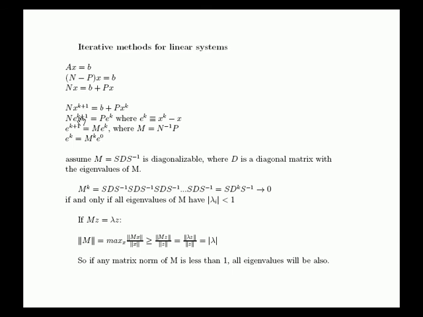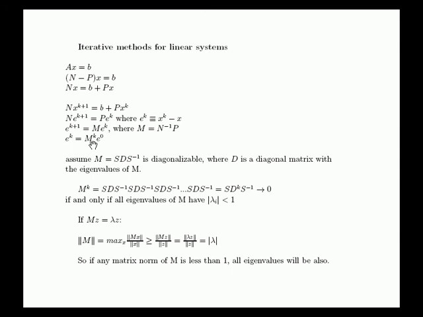So N e_{k+1} equals P e_k, and therefore e_{k+1} is N inverse P e_k, where we call N inverse P, M. So the error vector at each step is multiplied by matrix M, where M is N inverse P. So after k iterations, the error is just M to the kth power times the first error vector.